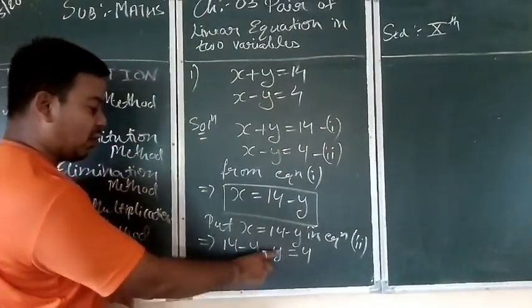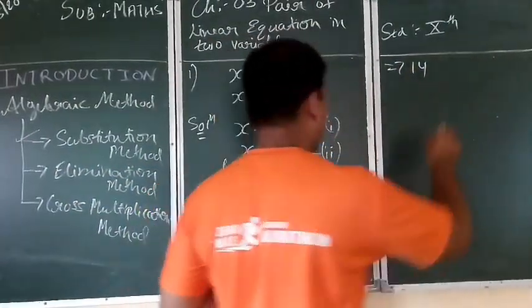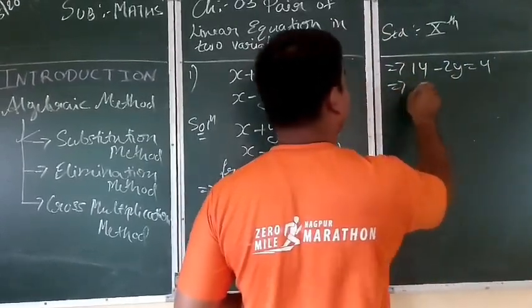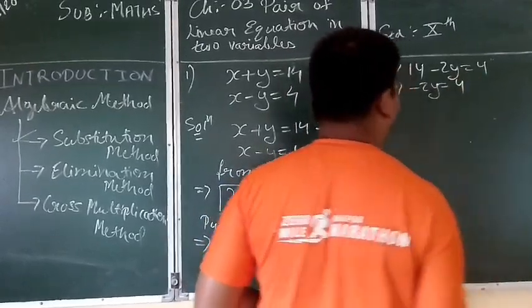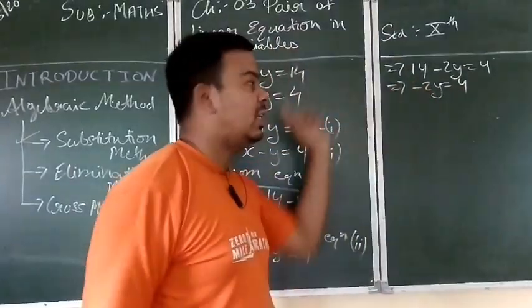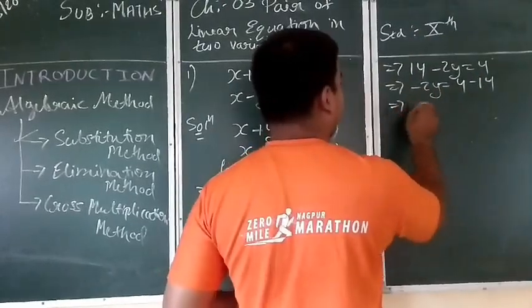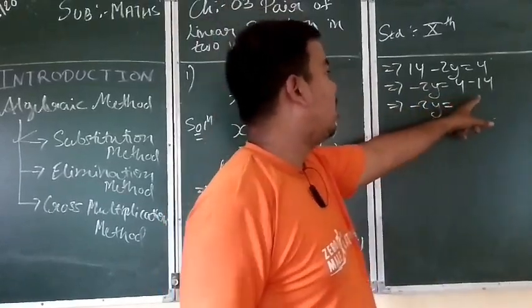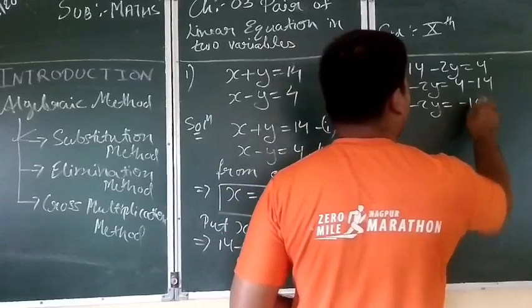So 14 minus y minus y equal to 4, 14 minus 2y equal to 4. Minus 2y equal to 4, this 14 transfer to this side, so minus 14. So minus 2y equal to 4 minus 14, which is minus 10.